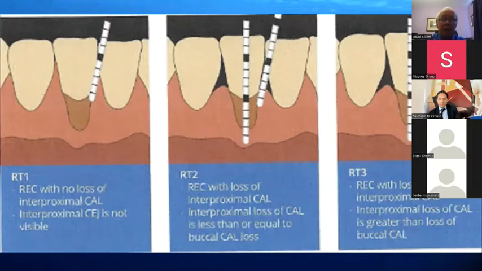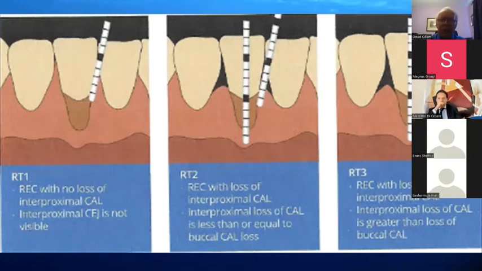So here's the measurement from the visible CEJ down to the amount of loss down to the mucogingival junction, and here we see the, if you like, the interproximal or interdental loss, and it's less than or equal to the buccal attachment loss. So they're making that distinction, and in RT3 you can see the reverse is true.